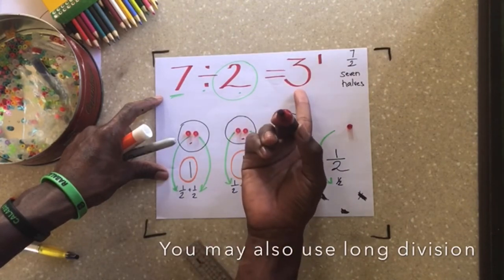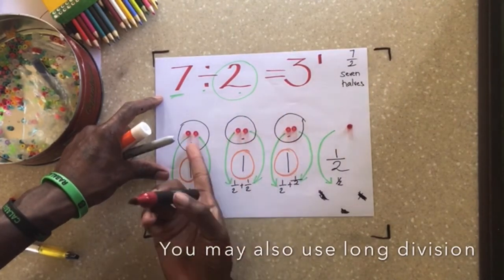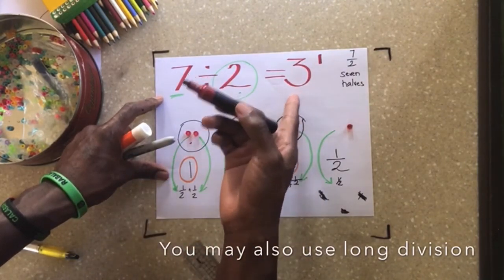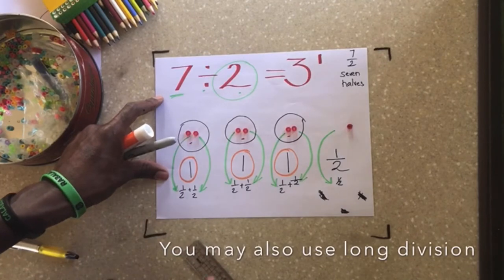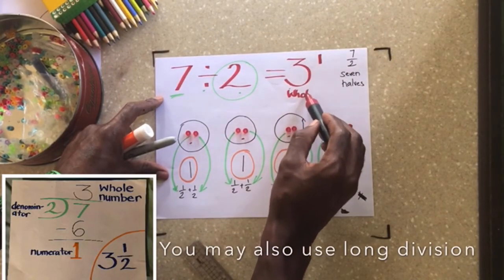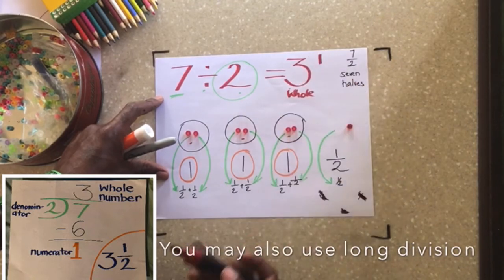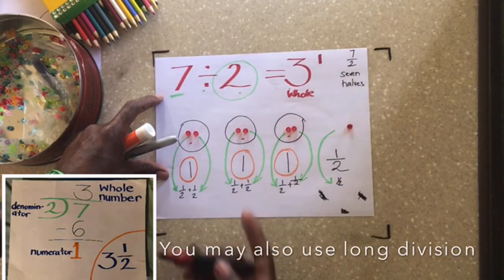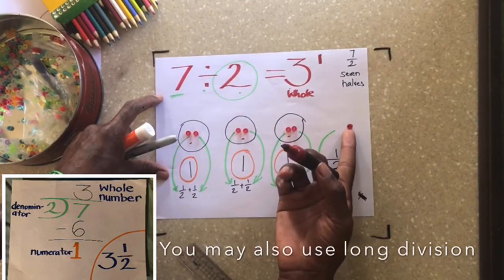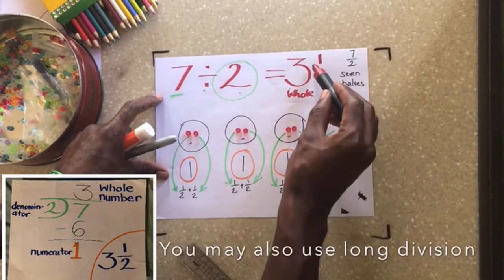That becomes a 3, the whole number right there. So the times when you can get 2 or that particular number in that space, that is going to become the whole number. You get 2 three times, so that becomes the whole number. So the fraction part now is going to come from the remainder, which is 1 in this case.